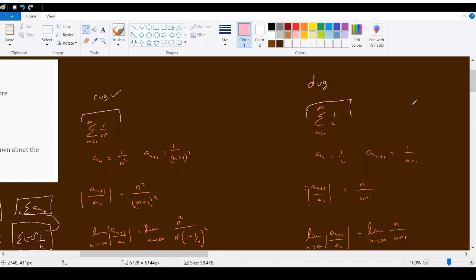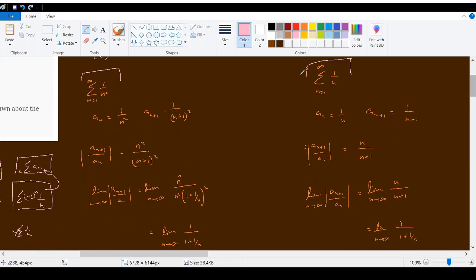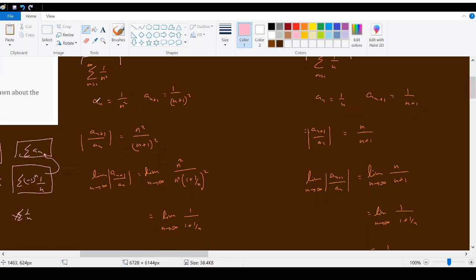But let's apply the ratio test for these two series and see what happens. Here a_n is equal to this, and a_(n+1) you can compute like that. Since you don't have any negative terms, even without the modulus sign you will get the same thing. And be careful when you are dividing the terms. You should do it correctly.